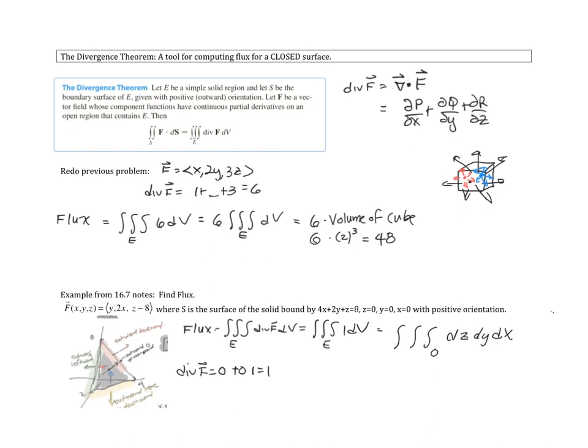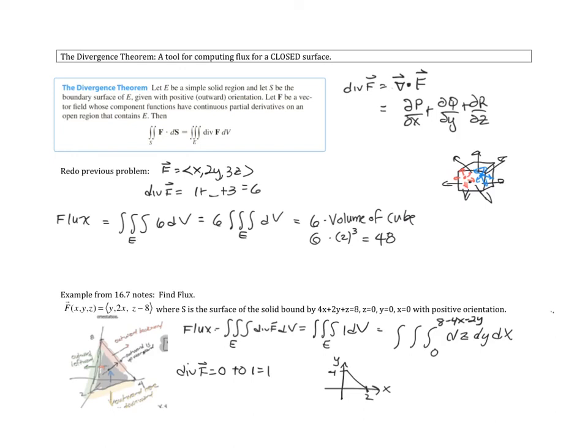So z goes from 0 to the plane. So here's the plane. I'm going to solve for z. I'm going to get 8 minus 4x minus 2y. And then the projection in the xy plane is here. The projection in the xy plane, y equals 4, x equals 2. Or you can get it from putting in z equals 0 there.